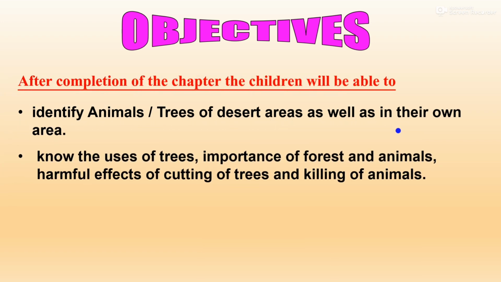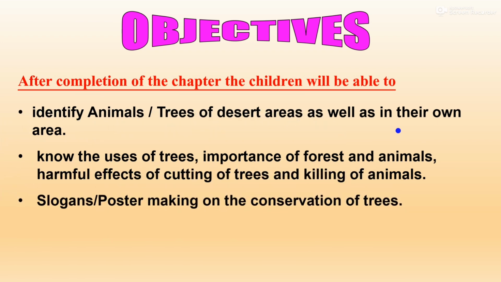They can know the uses of trees, the importance of forests and animals, and the harmful effects of cutting trees and killing animals. They can write slogans and make posters on the conservation of trees, how to save trees. They can explain about the Khejri tree, which is found basically in desert areas like Rajasthan.